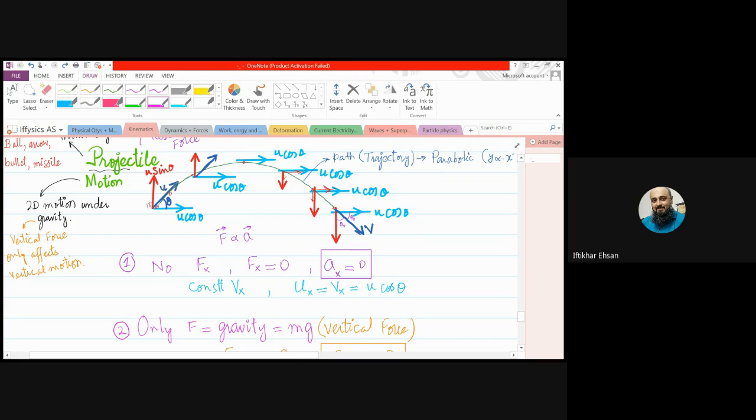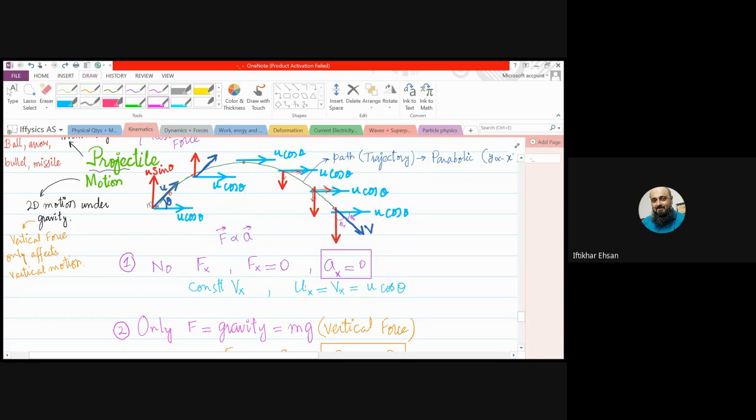So if you see all the blue arrows, not accidentally, I had drawn them of equal length. Can you see? It's showing the horizontal component stays the same. And how do you represent it numerically?